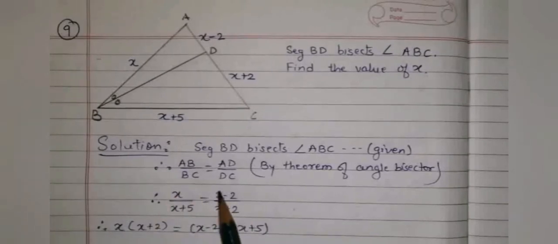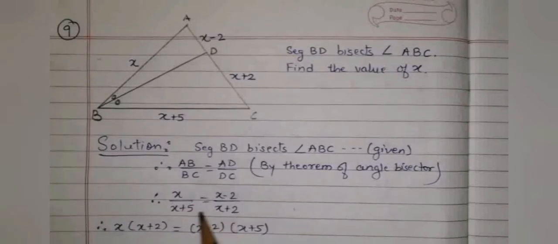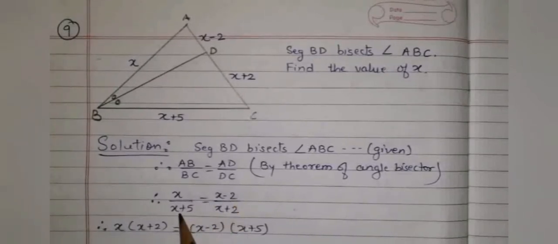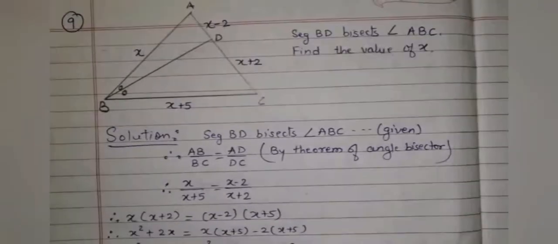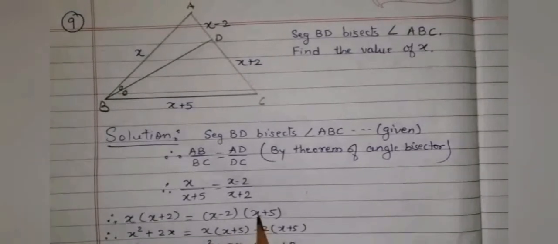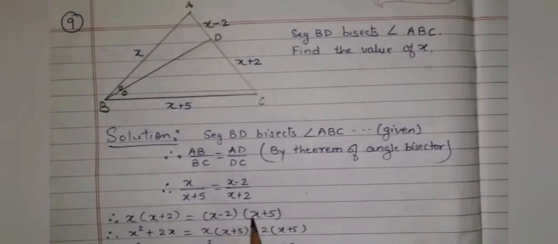So now this we will solve by multiplying X with X plus 2 equals X minus 2 multiplied by X plus 5. Multiplying this bracket by X, we get X square plus 2X. Multiplying these two brackets, X multiplied by X plus 5 minus 2 multiplied by X plus 5.